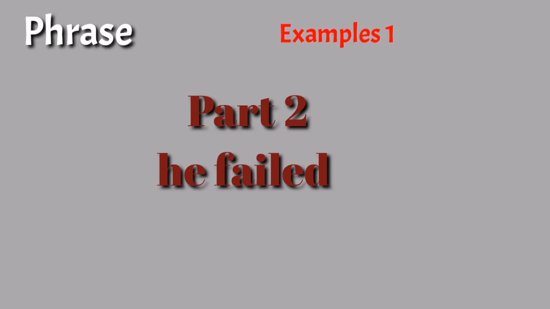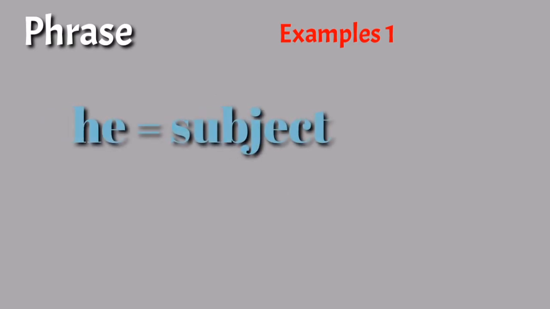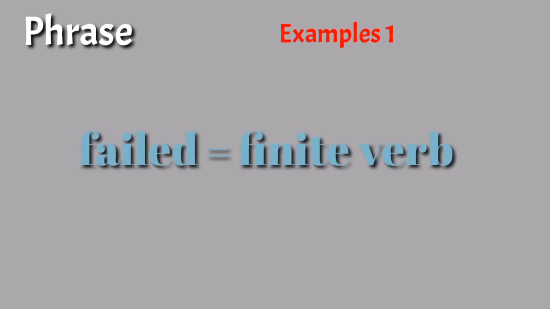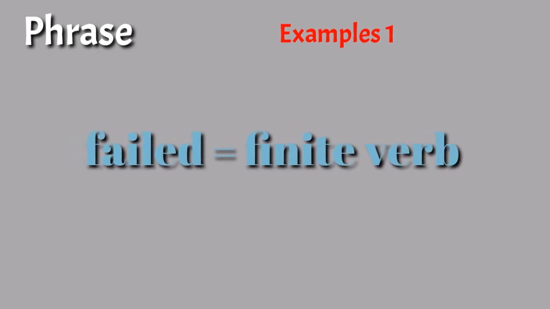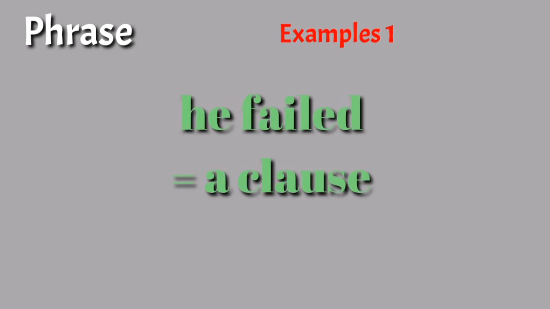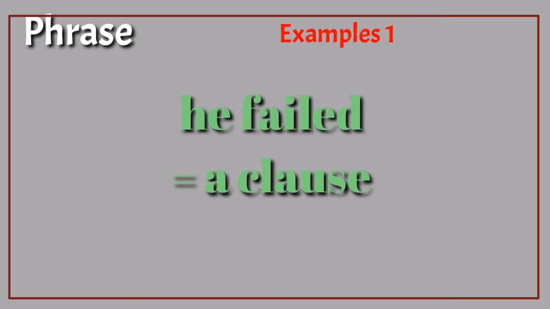But read the second part. He failed. He is the subject, and failed is the finite verb of the sentence. So, the first part is a phrase. It is the part of the whole sentence.